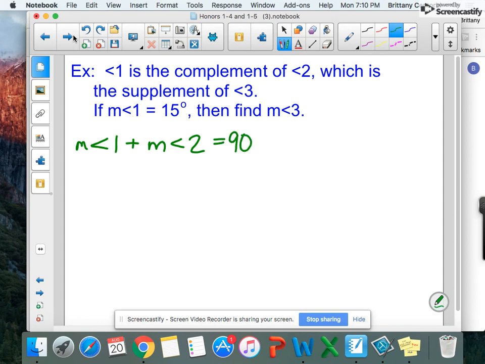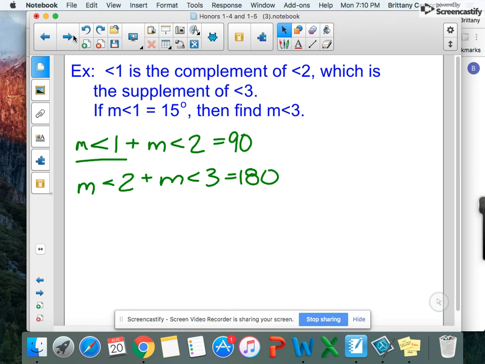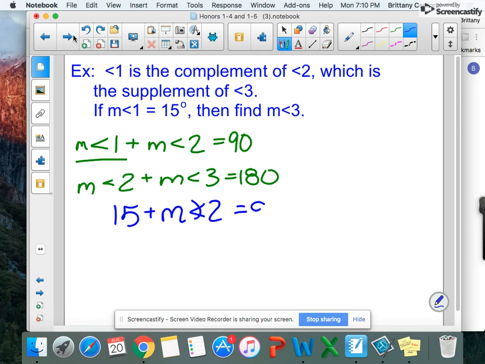Then we have that angle 2 is the supplement of angle 3. Supplement means adds to be 180 degrees. So we're going to have angle 2 plus the measure of angle 3 equals 180 degrees. Then it tells us that angle 1 is 15 degrees, so we're going to plug that in. We're going to do 15 plus the measure of angle 2 equals 90. And then we're going to solve for angle 2.